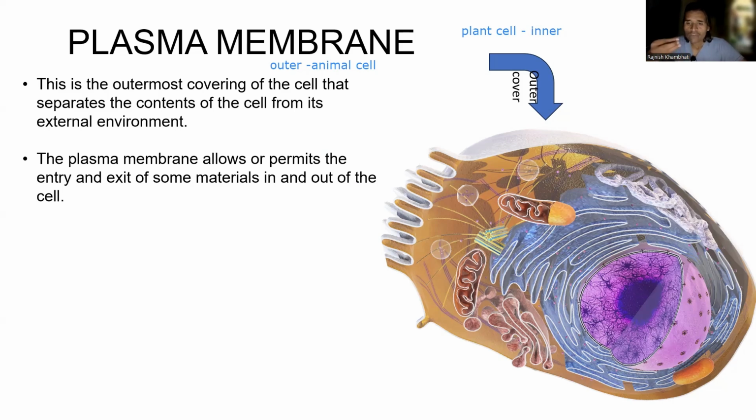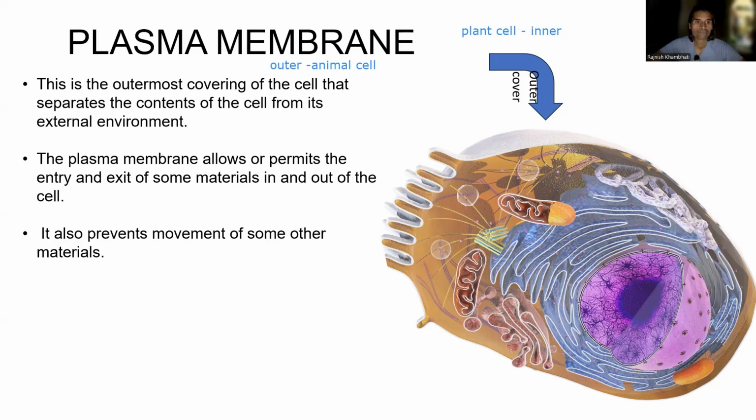We are eating, respiring, excreting, so these things are going inside the cell and coming outside from the cell by crossing the plasma membrane. The plasma membrane will allow this material to cross it, or it will stop this material from crossing.